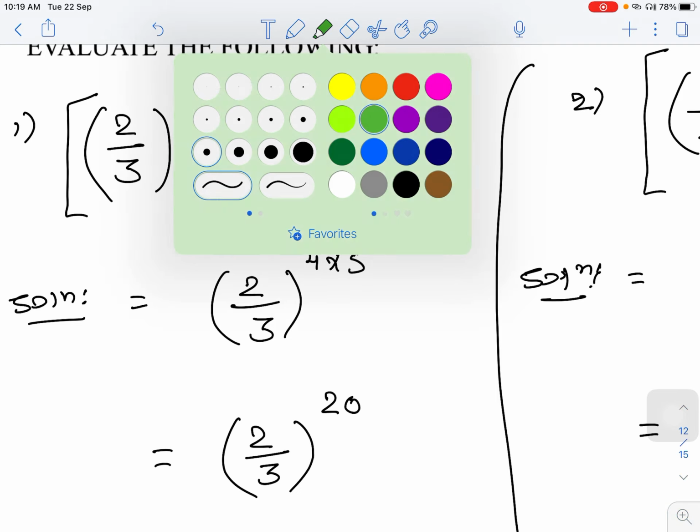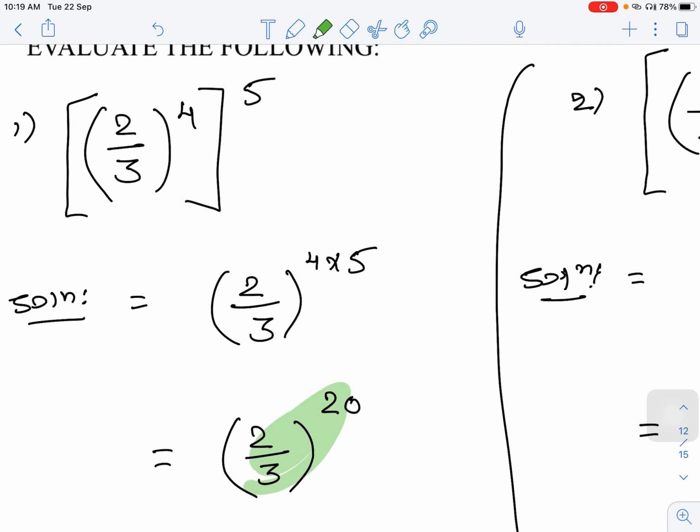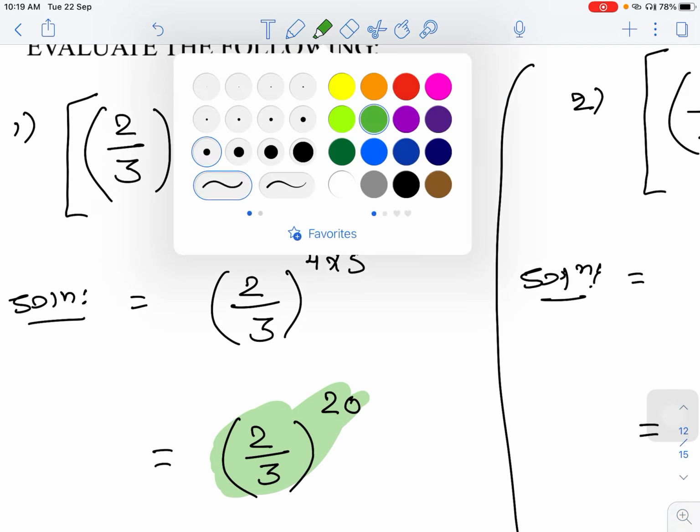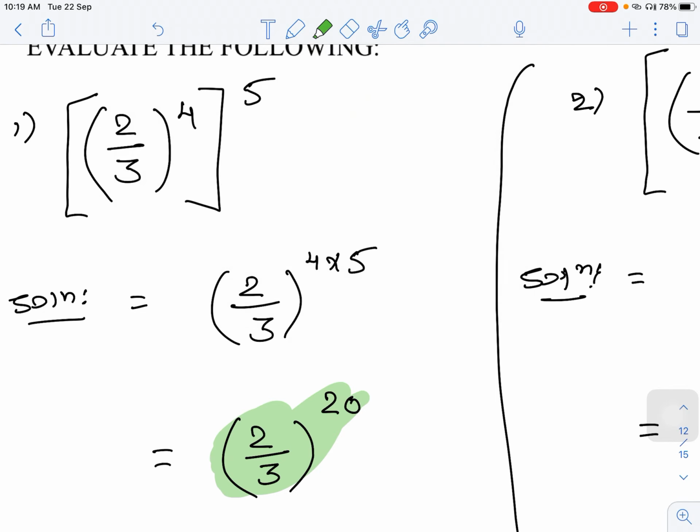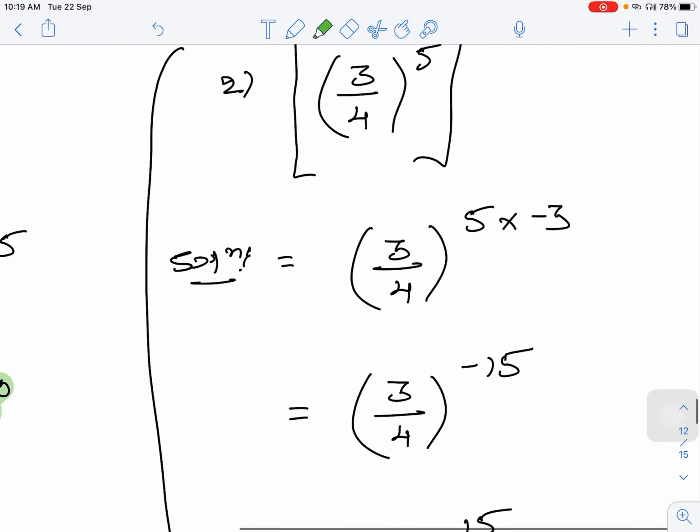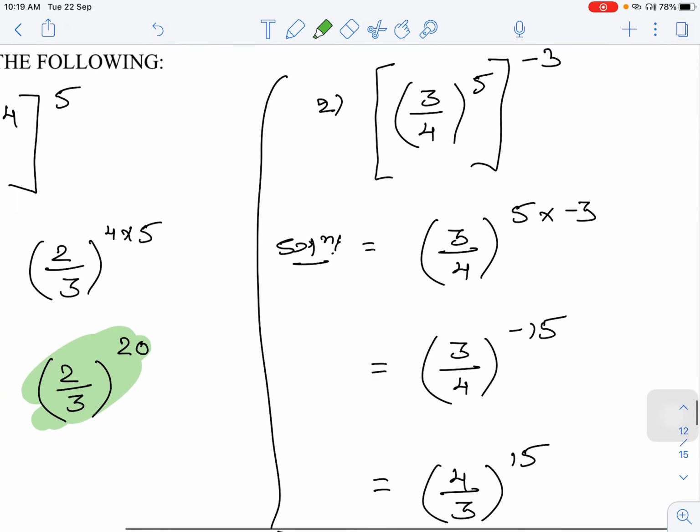Our final answer is (2/3)^20. Now let us see the next example based on the same topic.